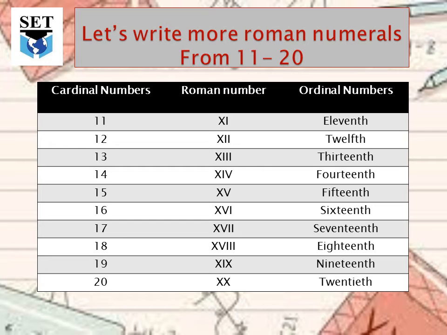So here X stands for 10 and I stands for 1. So 10 plus 1 is 11. So we say XI, 11. For 12, X means 10 plus II means 2. 10 plus 2 is 12. So we write XII.